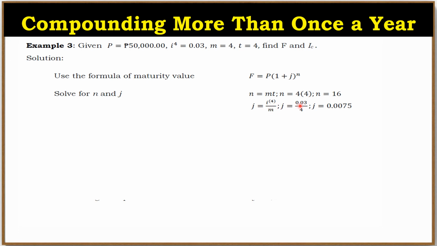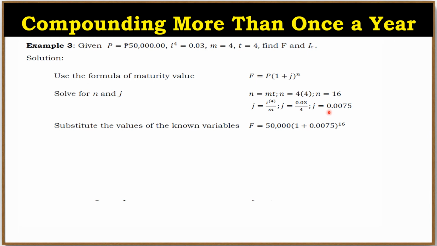Remember, our i or interest is equal to 0.03 all over 4. Next, therefore, our j is equal to 0.0075. That is just the j.